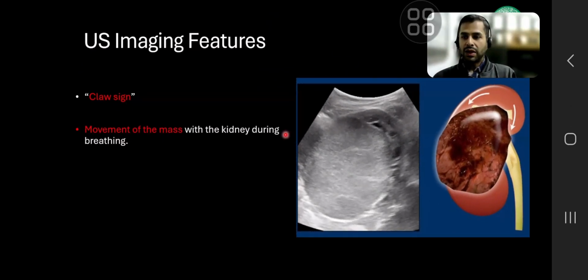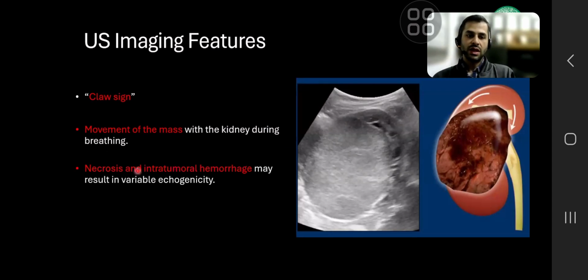However, this may not be applicable if the renal mass has breached the renal capsule and has infiltrated other adjacent organs. Necrosis and intratumoral hemorrhage may result in a variable level of echogenicity on ultrasound, and 10% of Wilms tumors can have fine calcifications, in contrast to 90% of neuroblastomas with coarse calcification.